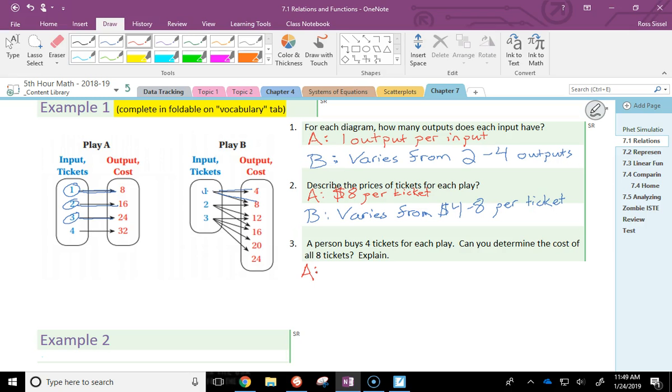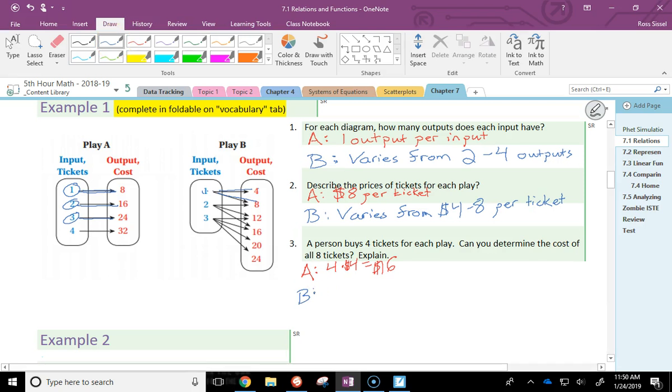So it cost me how much? How'd you get $16, Sierra? Because I did four times 4 tickets. They cost $4 a piece. So for 4 people to go, it's going to cost me $16.